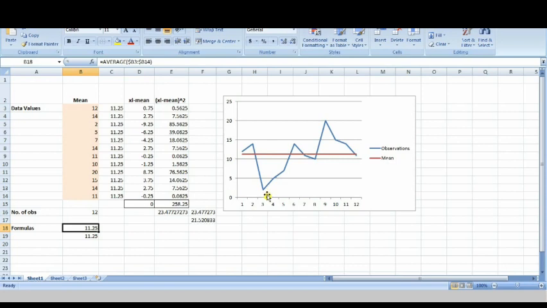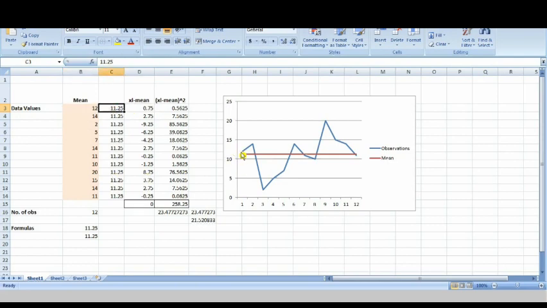So if you take the deviations here, this is my observation, this is the mean, you subtract it and you get this value. So for example, the first observation 12 is 0.75 units away from 11.25, that is this.